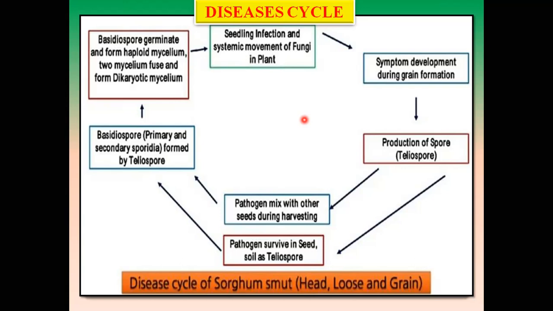So these healthy grains become infected, and these infected grains are generally used for sowing in the main field in the next season. So this mycelia germinates along with the germination of the seed.